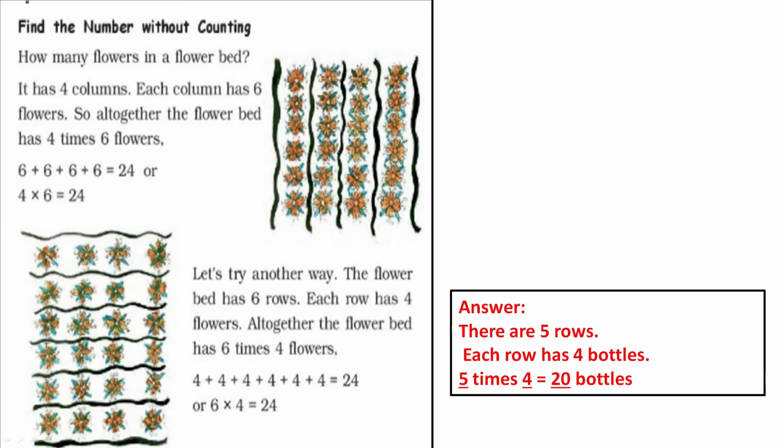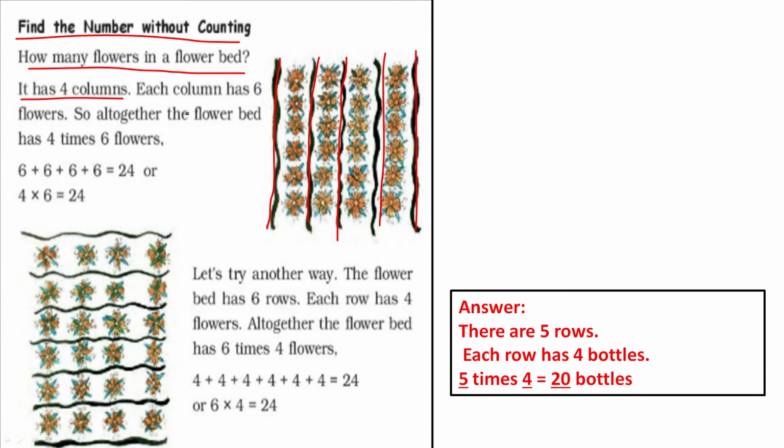Find the number without counting. We are not going to count. We can find the number. How many flowers are in a flower bed? It has 4 columns. How many columns are there? 4 columns. This is column 1, 2, 3, 4.